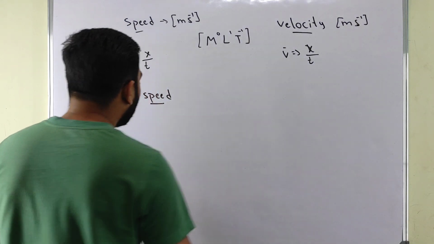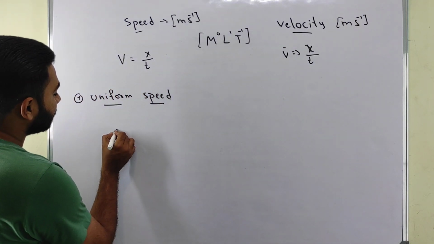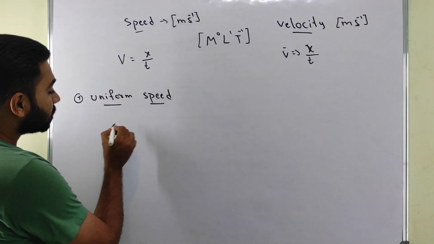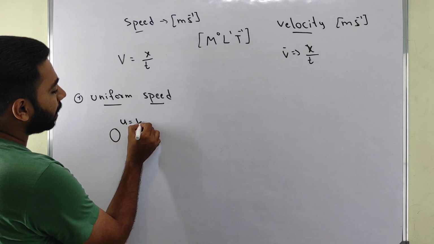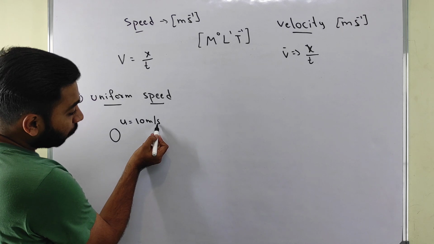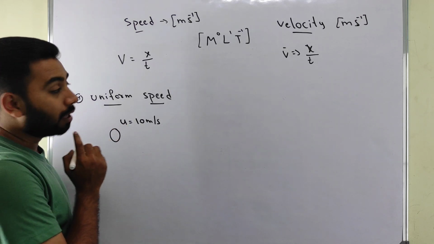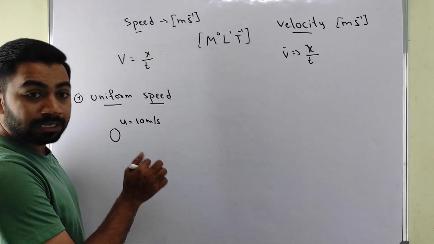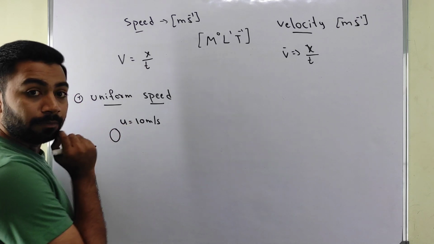Good. Now, for example, one particle is moving with some velocity, let's say 10 meter per second. It means in every 1 second it covers 10 meters.